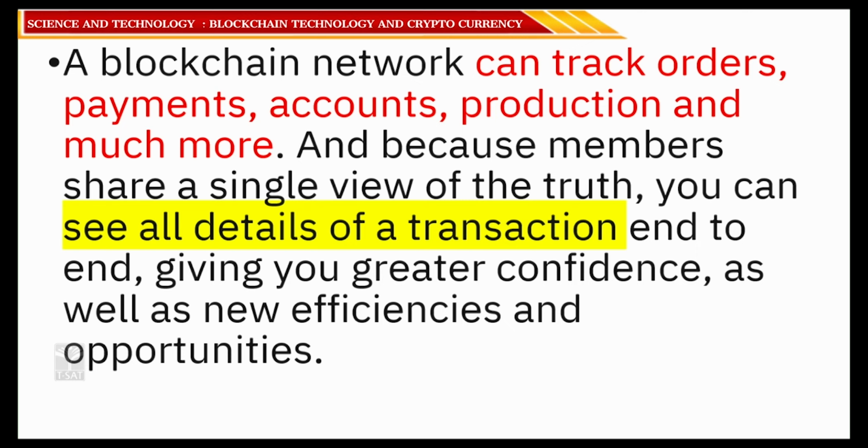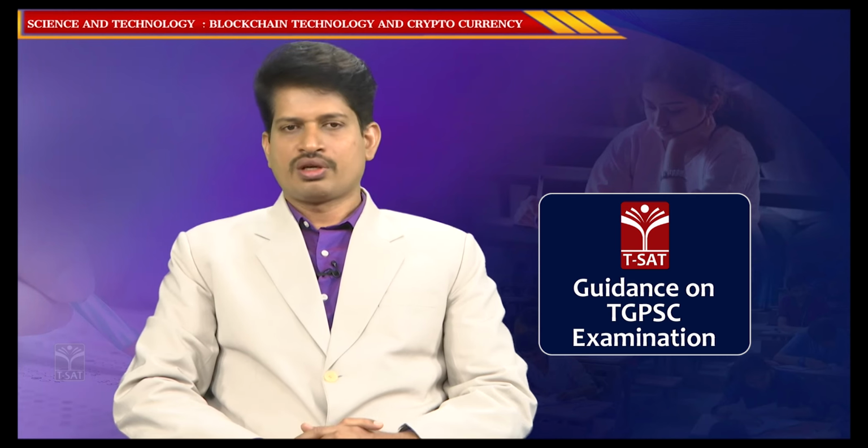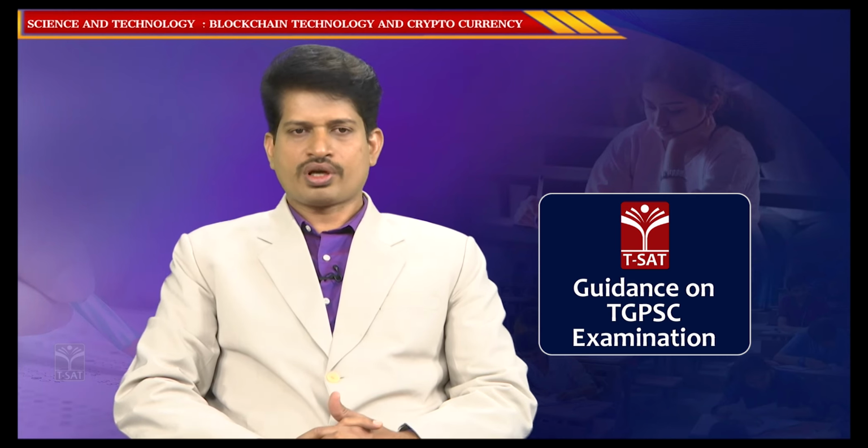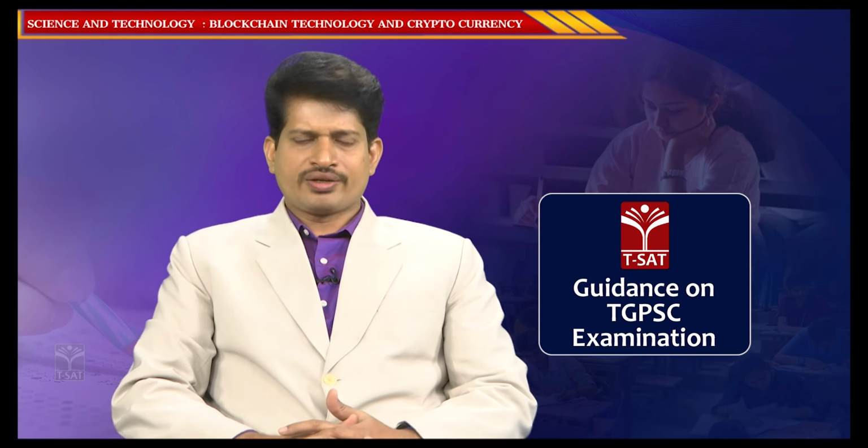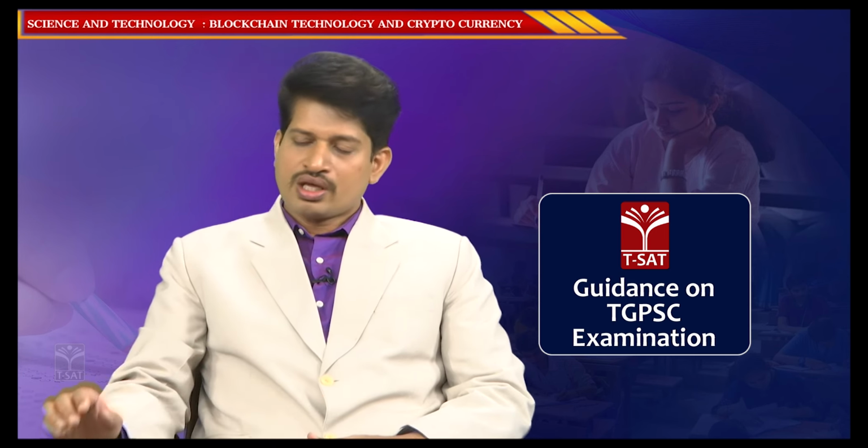As I have told you, in the case of manufacturing, transportation, and consumption, based upon the sharing of OTPs, you can identify whether the good is in the process of manufacturing, transportation, or being consumed. Whether the payment is done can be understood on the basis of the ledger maintenance, accounts, production, and much more. This will give you clear details of the transaction. That is another advantage of blockchain technology.